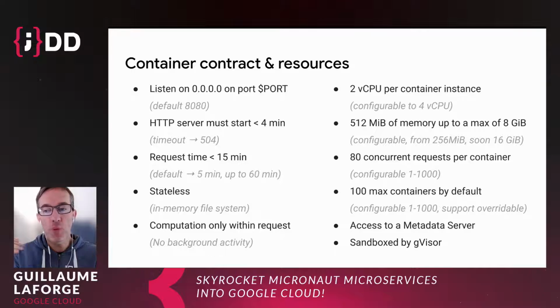You can get up to 1,000 concurrent requests per instance, as well as up to 1,000 containers. So that means that potentially you can have 1,000 containers serving 1,000 users. So that's potentially 1 million concurrent requests to your containers, which is pretty cool.